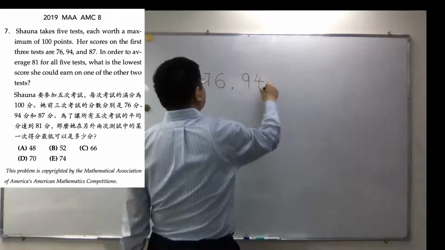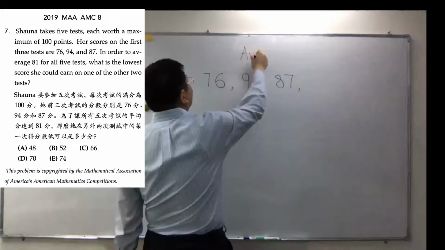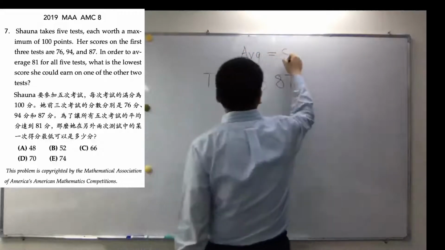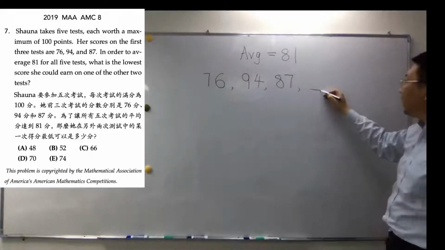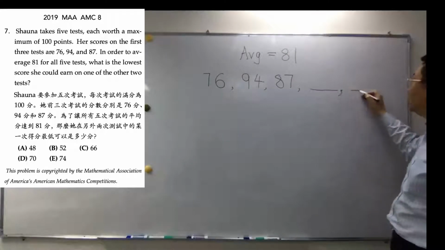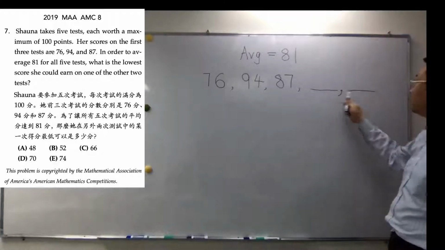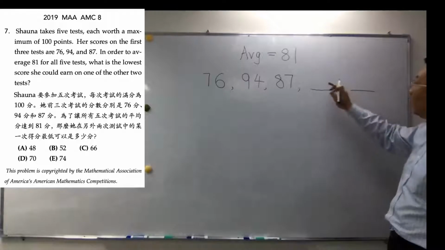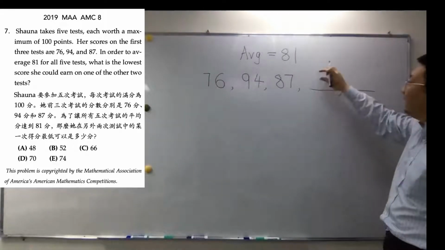And his goal is to reach the average of 81. And we want to discuss what could be the 2 remaining scores. And for these 2 scores, the question asks, what could be the smallest score for one test?